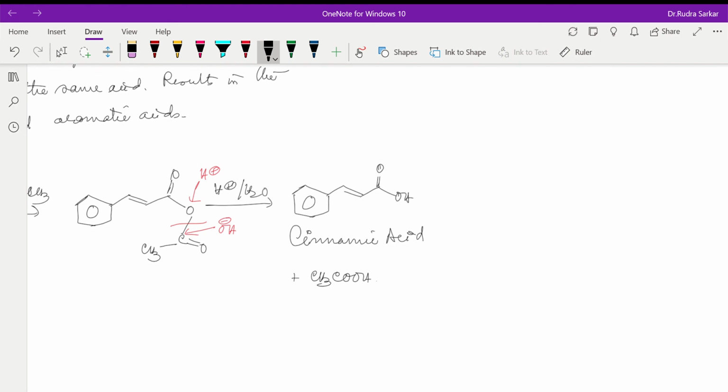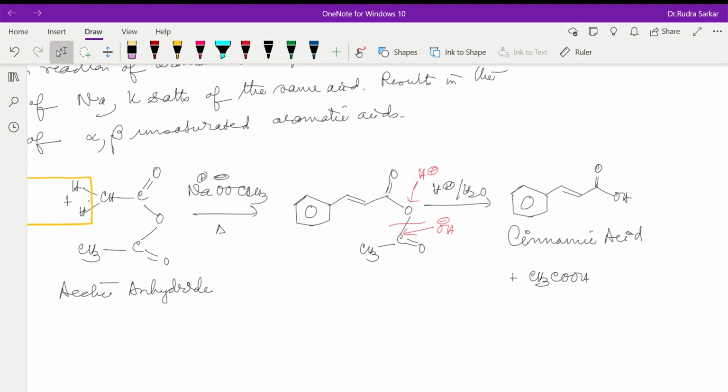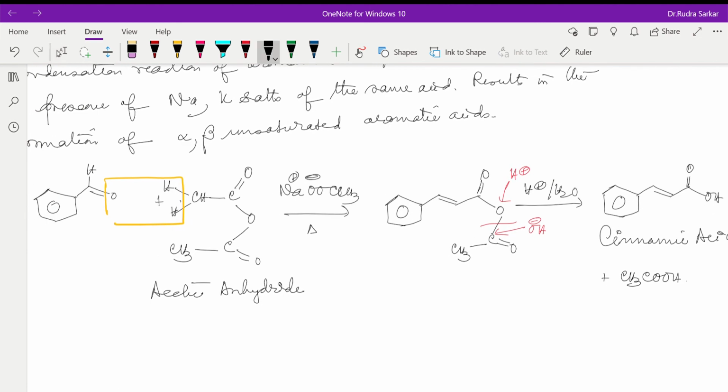Important part here is that the acid anhydride should have two alpha CH atoms. That is the requirement of the reaction.